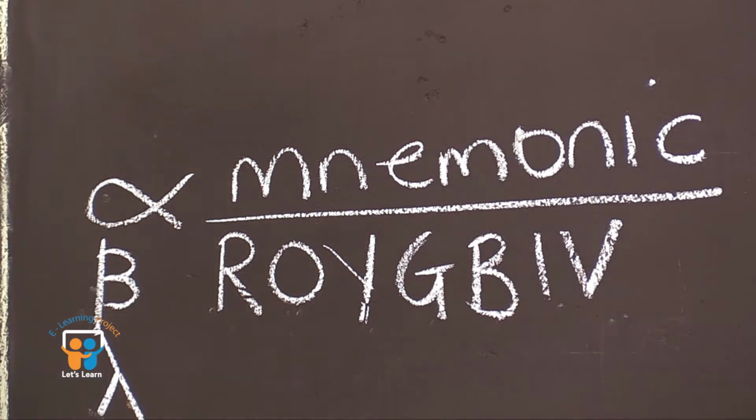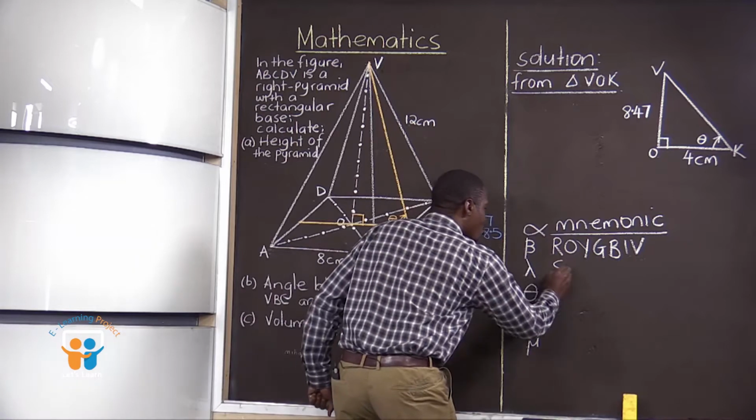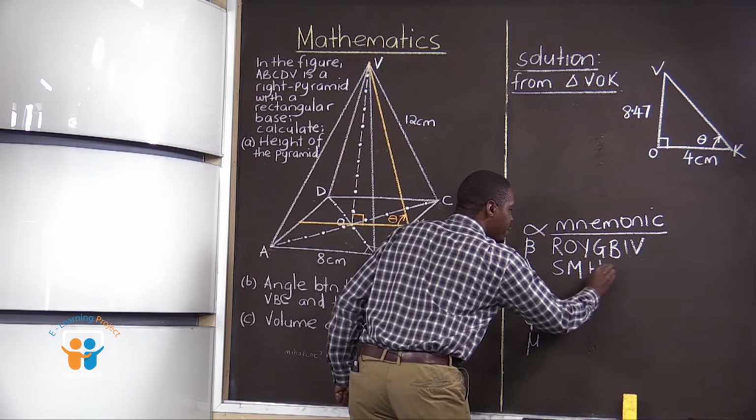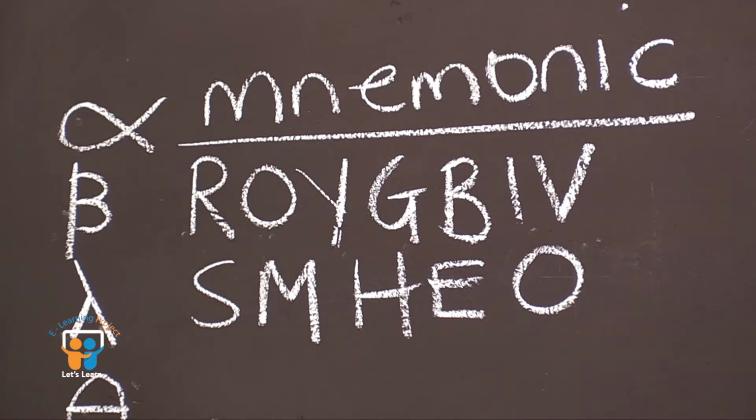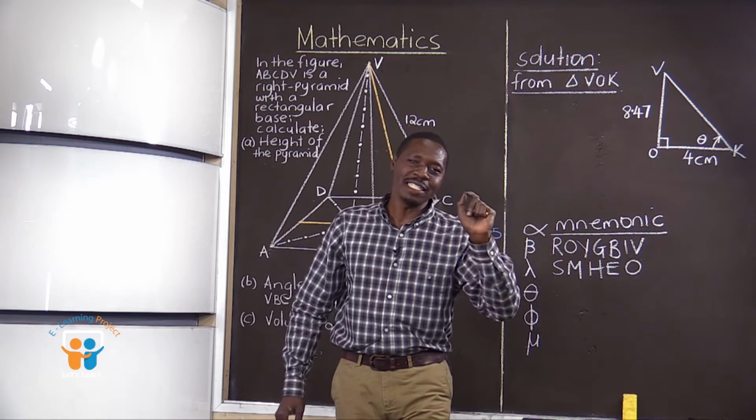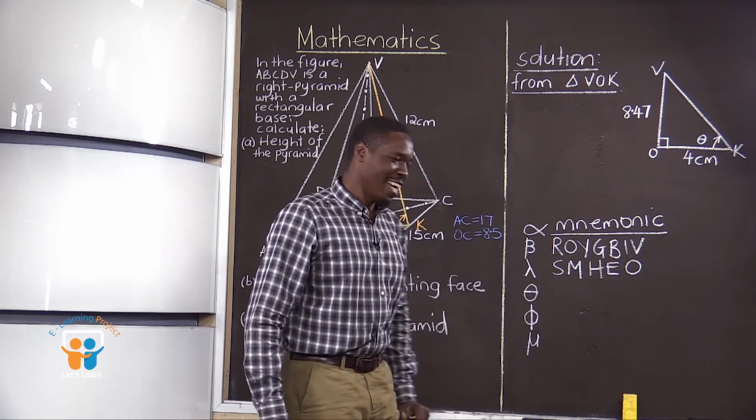We can have another mnemonic: Superman helps everyone. Superior, Michigan, Huron, Erie, Ontario, the lakes of the Great Lakes region.